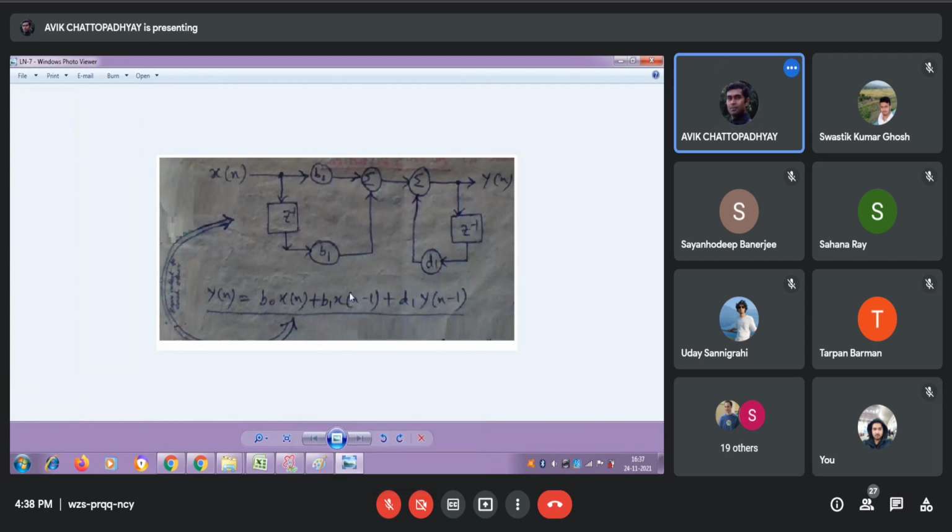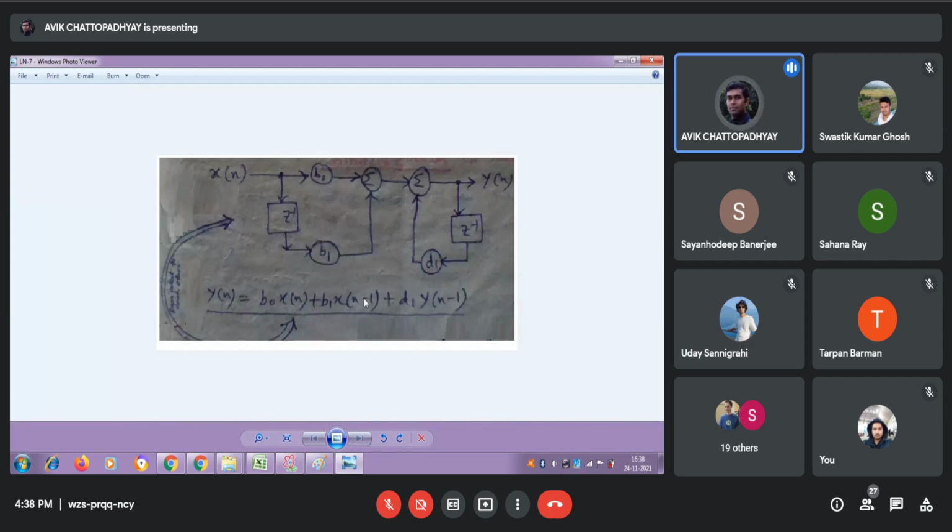Now, if nothing is mentioned about x of minus 1 or y of minus 1, that means there is no initial condition. In circuit theory, you have probably already learned about initial conditions. That means there is no storing element; the system was relaxed initially, so before you apply input you are not getting any output.